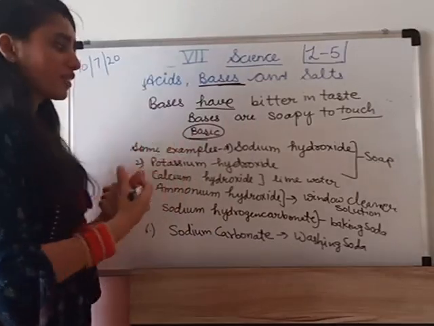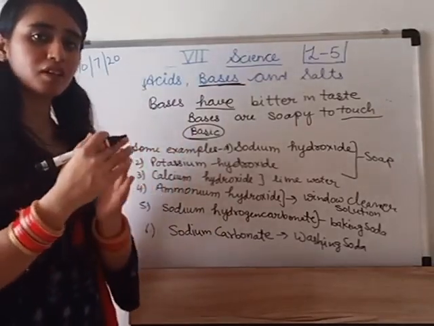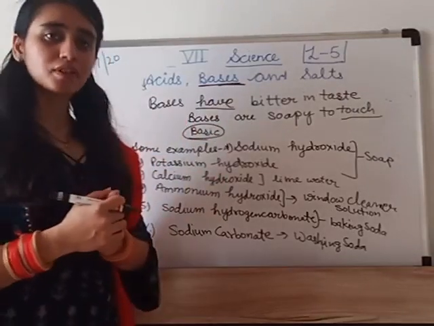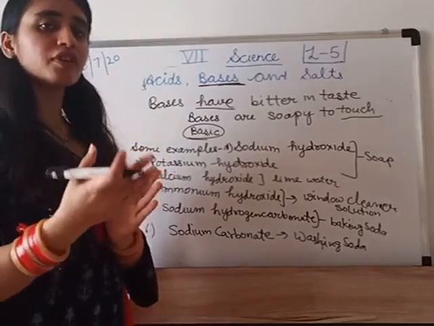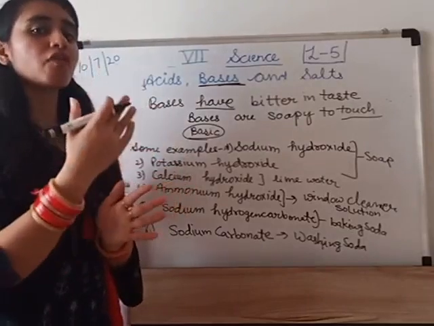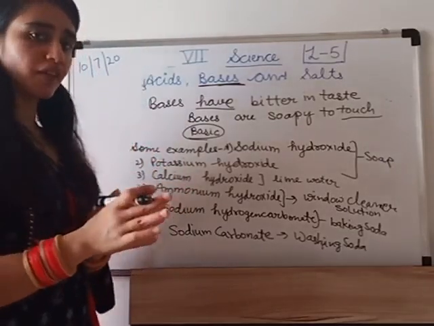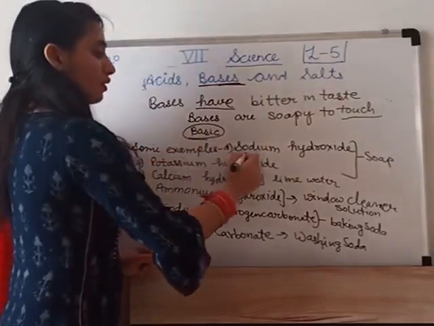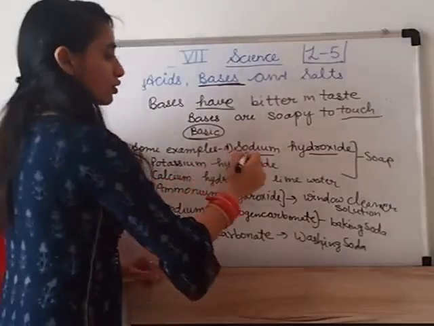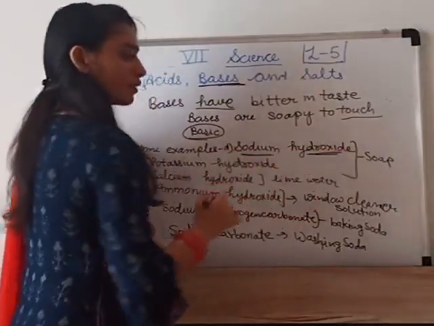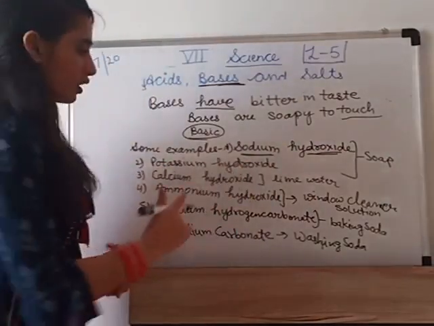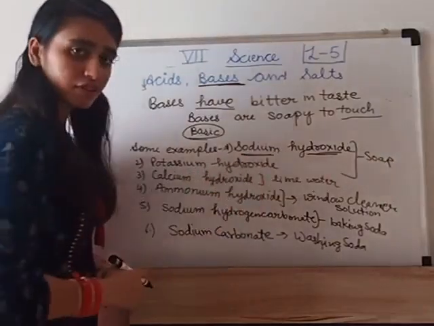Which type of substance is present? Means which type of chemical is present in soap? So there we take some examples of the chemicals which are present in soap, baking soda, washing detergents, everywhere. So some examples are, first is sodium hydroxide.